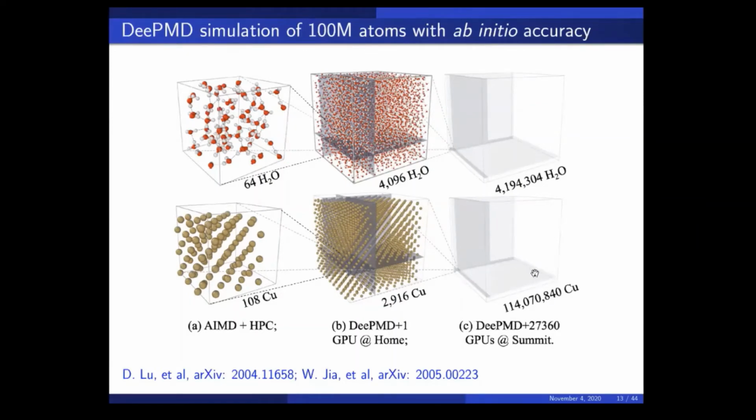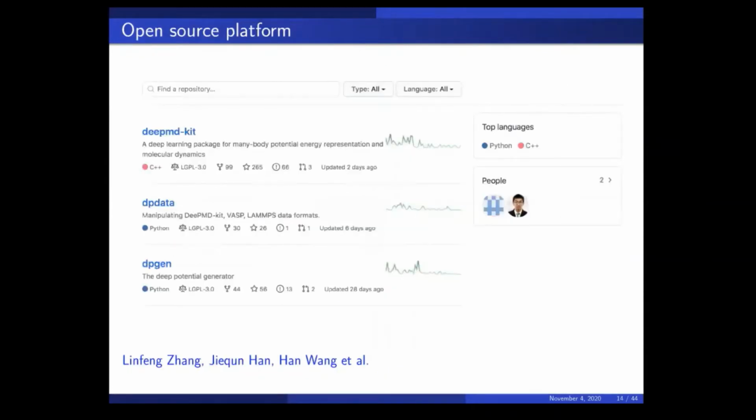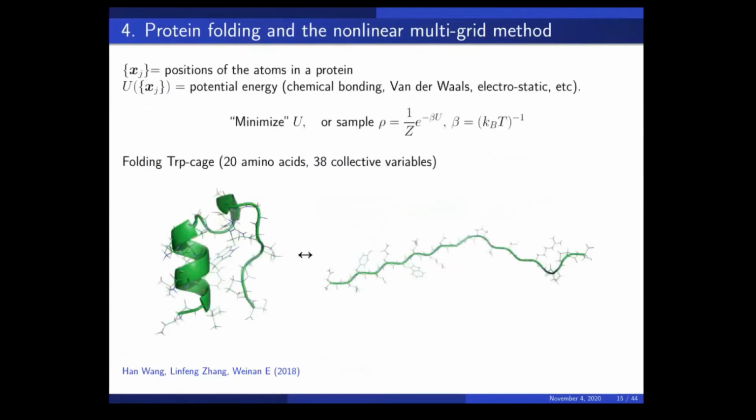That's a speed up of 5 orders of magnitude, and 4 million water molecules. So these are the kind of things that were not possible before. And again, we've developed an open source platform with different codes, and people are using this open source platform to develop their own applications. I just want to mention this briefly.